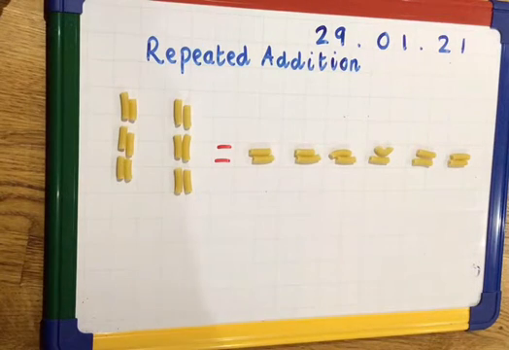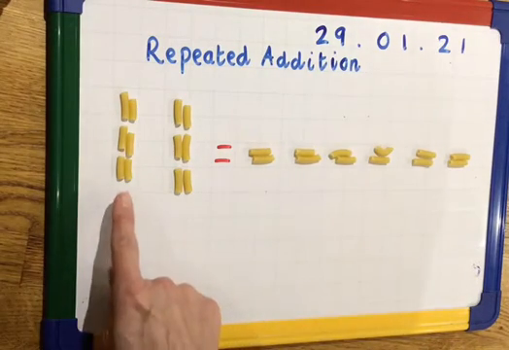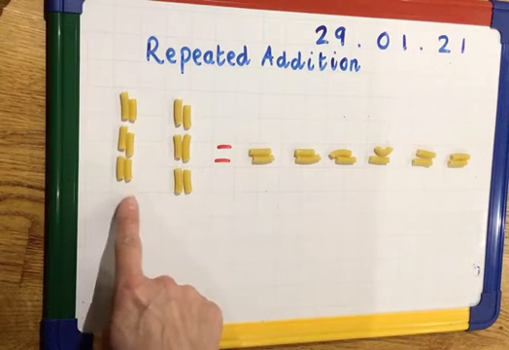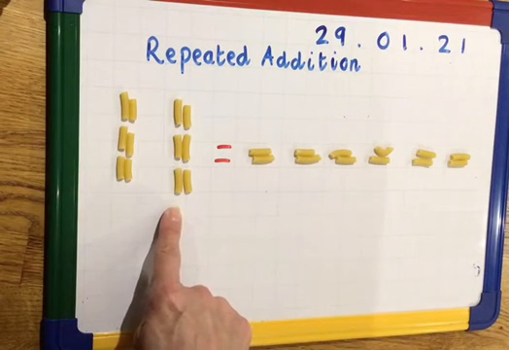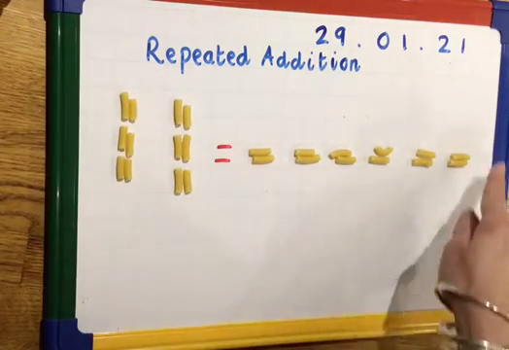Well, children, I think you've probably worked out that this is correct because my 2 groups of 6 contain the same amount as 6 groups of 2.